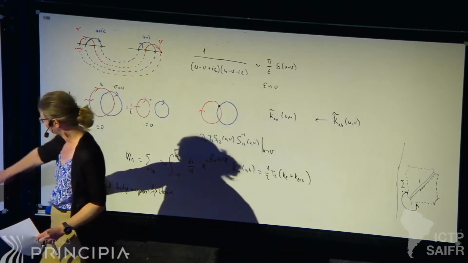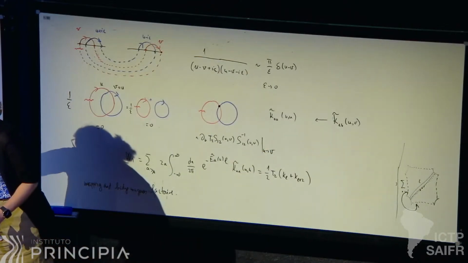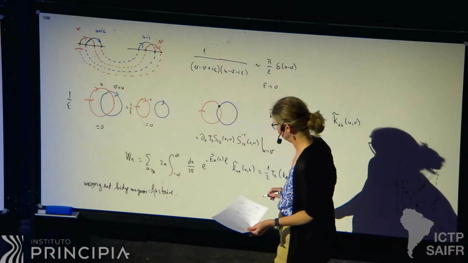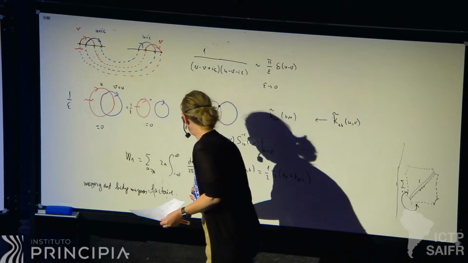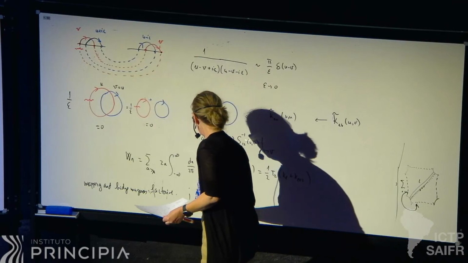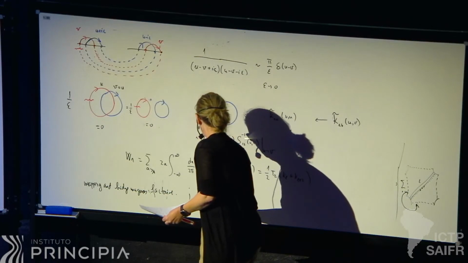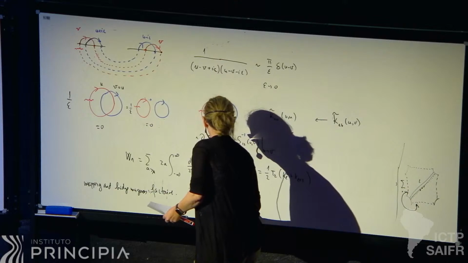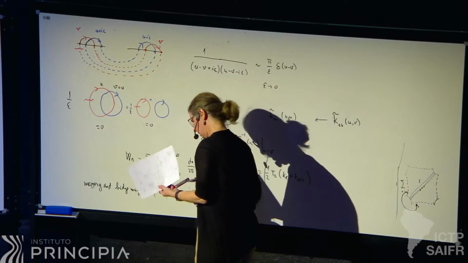So there is no cross term which combines these two contributions, and we are in the process of computing two magnon wrapping. So the result is encouraging.